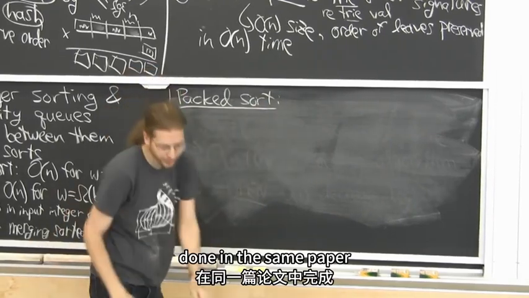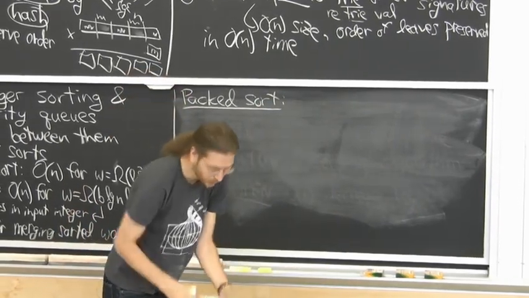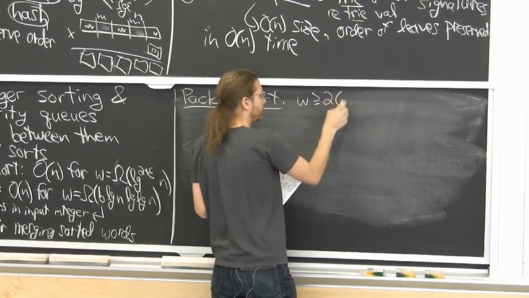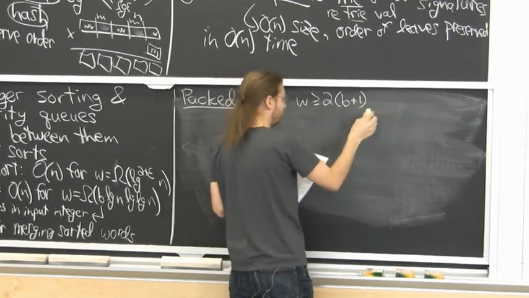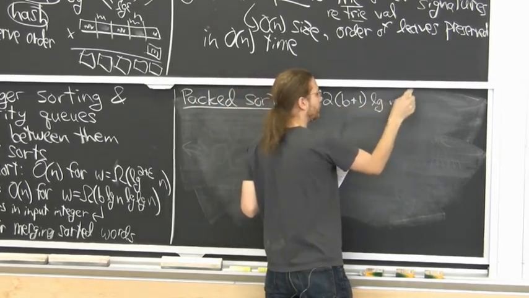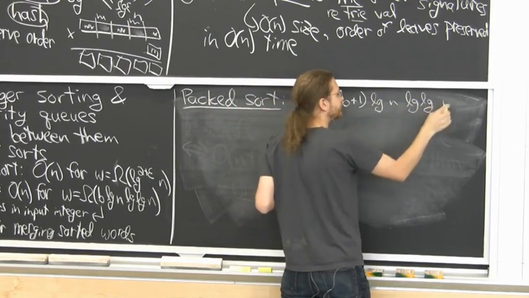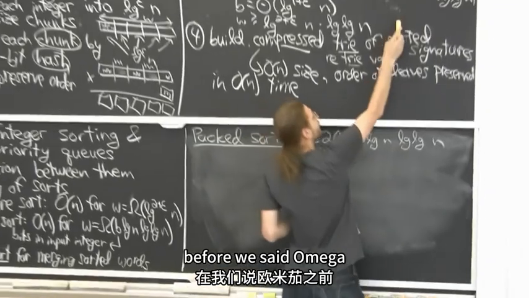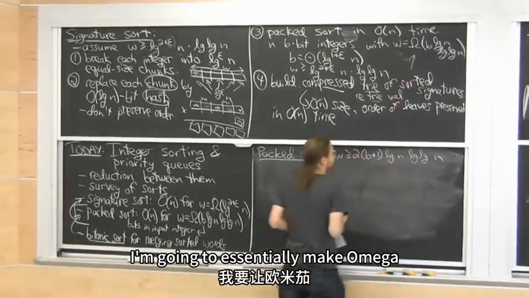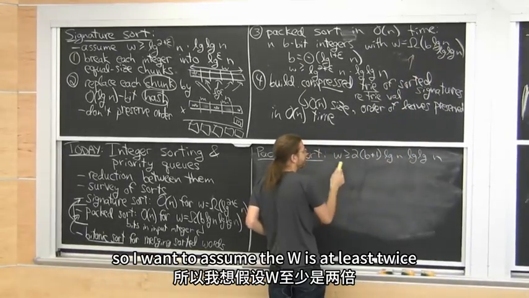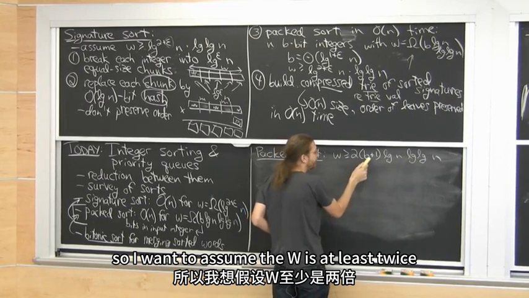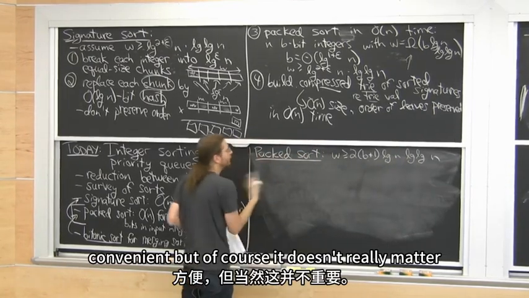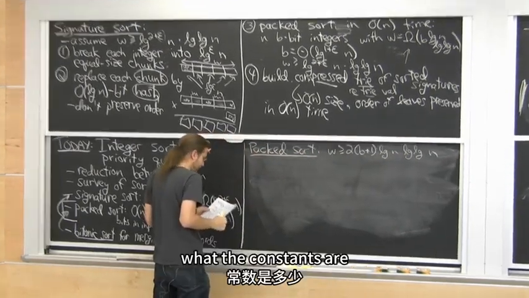It's done in the same paper. I'm going to essentially make omega a little bit bigger than 2. So I want to assume that W is at least twice (B plus 1) log n log log n. That's just to make this convenient, but of course it doesn't really matter what the constants are.